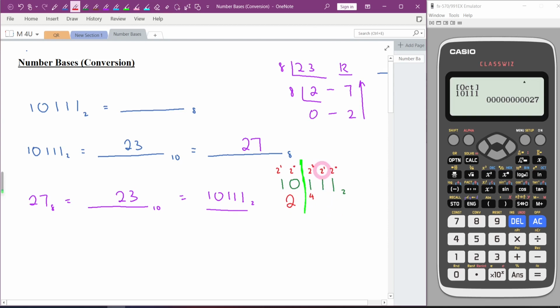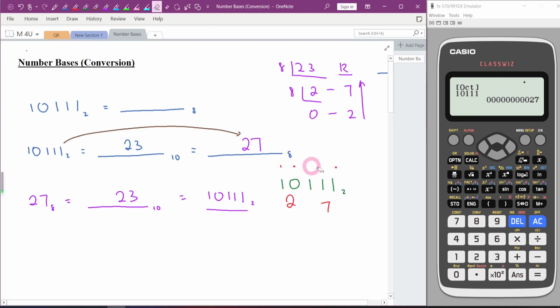And 1 times 2 power 1, you get 2. 1 times 2 power 0, 2 power 0 is 1. 1 times 1, you get 1. So 4 plus 2 plus 1, you get 7. So now we got the answer, 2 7. From here, directly go here, 27 base 8.